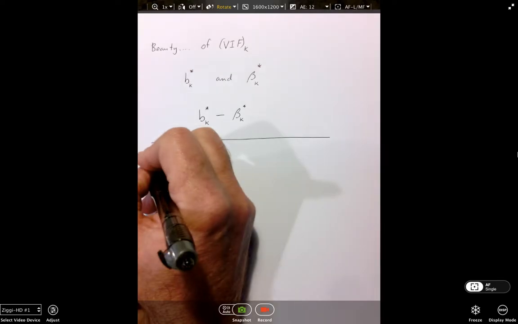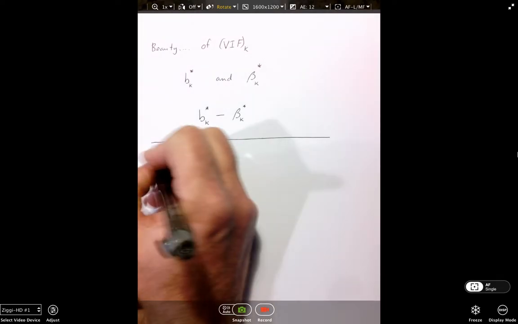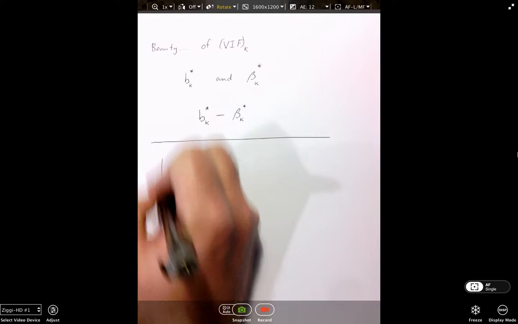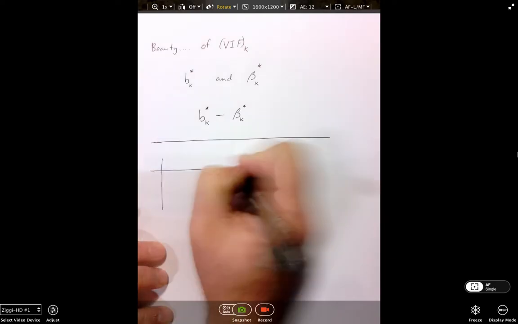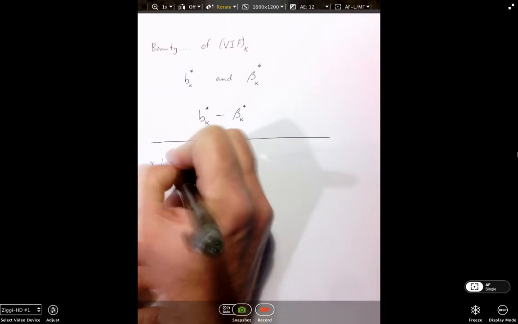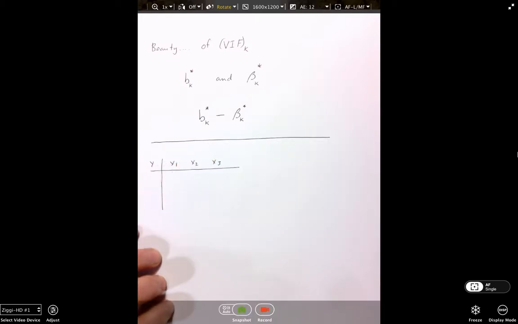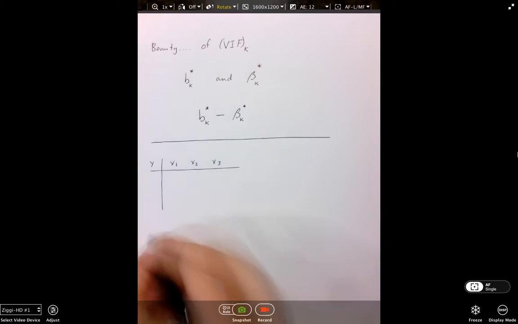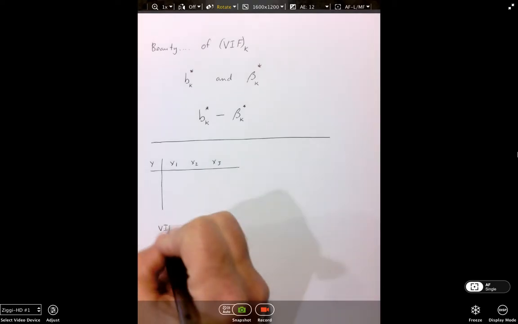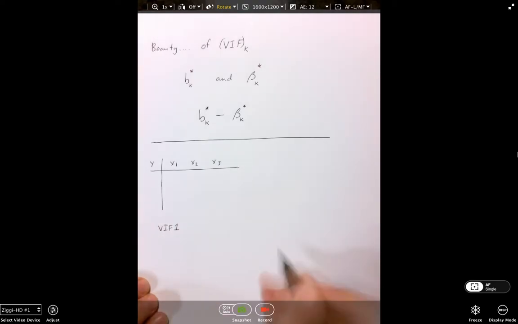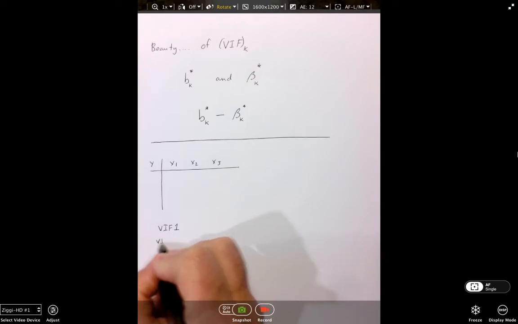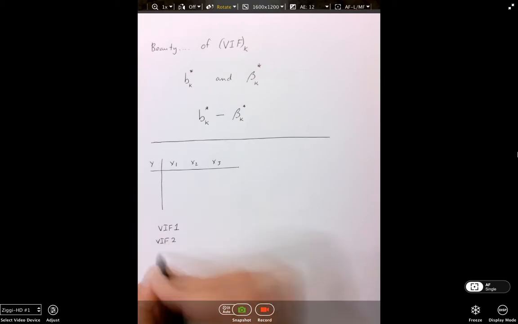What we'll typically do, for example, let's say that we have a data set where we're predicting y from x1, x2, and x3, then there will be a variance inflation factor for the first variable, a variance inflation factor for the second variable, and a variance inflation factor for the third.